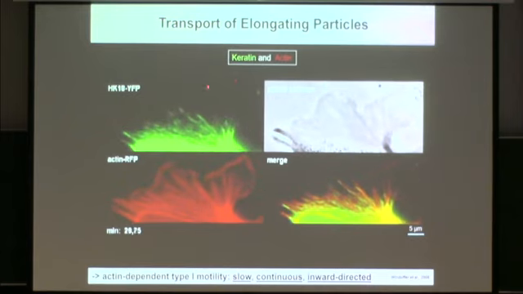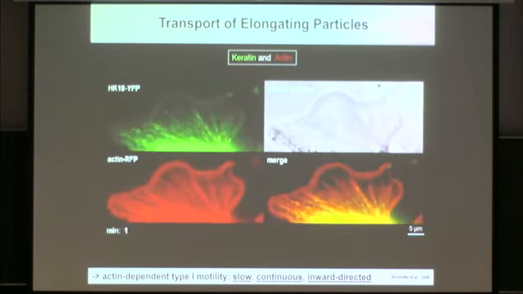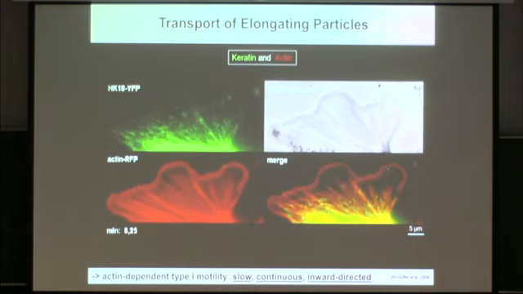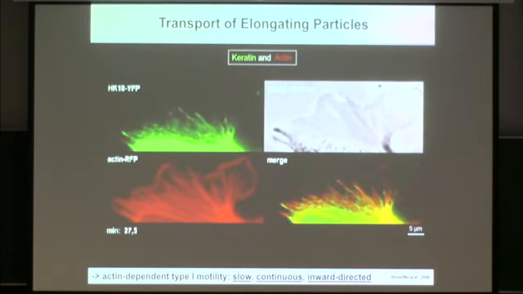But then you also see occasionally, and this was the one I pointed out to you, particles that move very, very rapidly. So this kind of motility has the signature phenotype of an actin-dependent type of motility. See again up here.